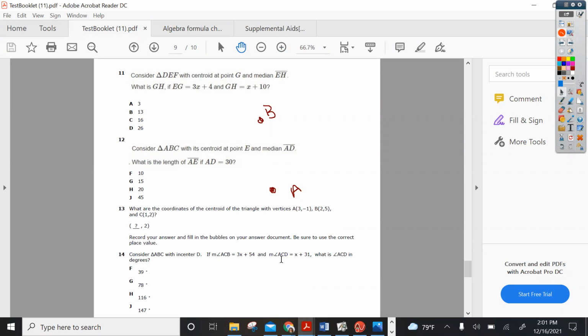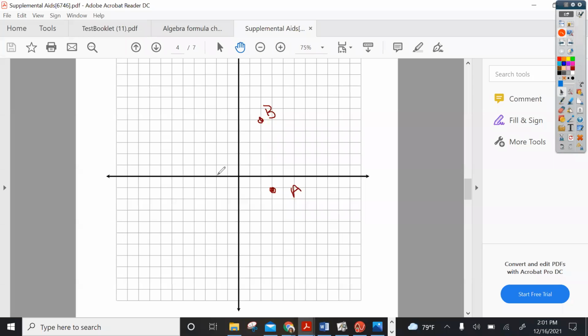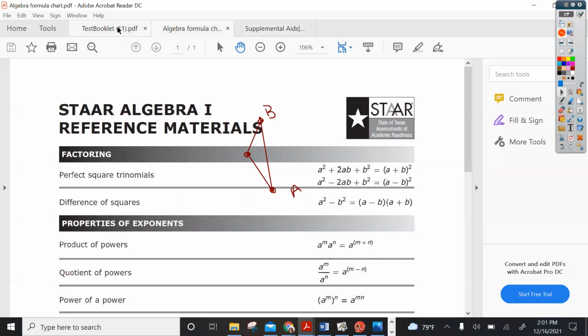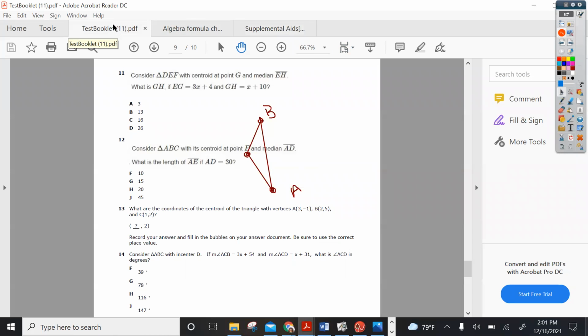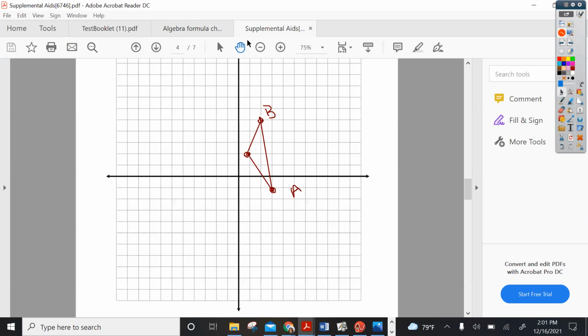And 1, 2 for C. Okay, I'm not the biggest fan of this one, but some of those are really easy to find and some of them are not. Okay, now let's see what 3, -1, 2, 5, 1, 2, and it says 2 for the y value.